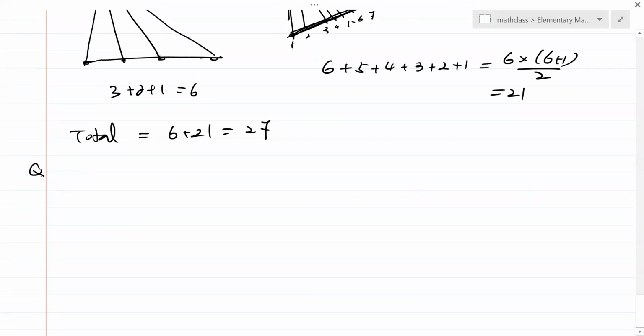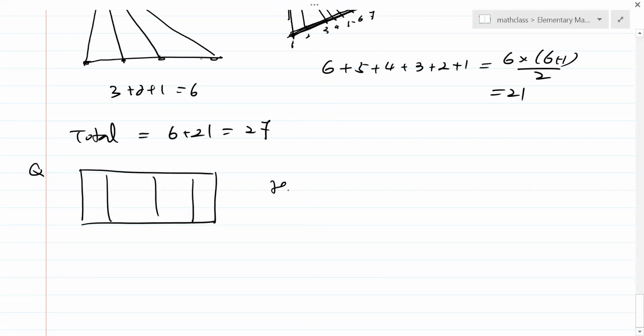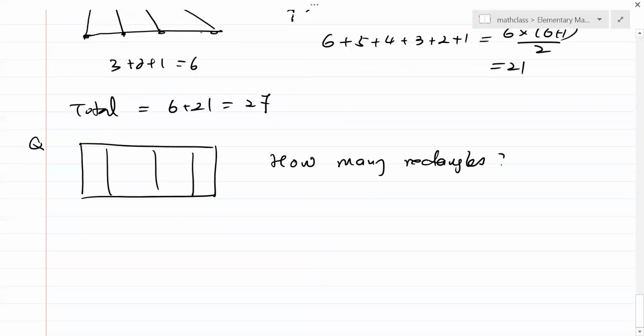And now we are going to do the following. How many rectangles there? How many rectangles?